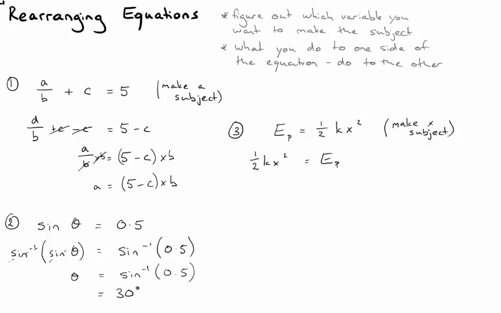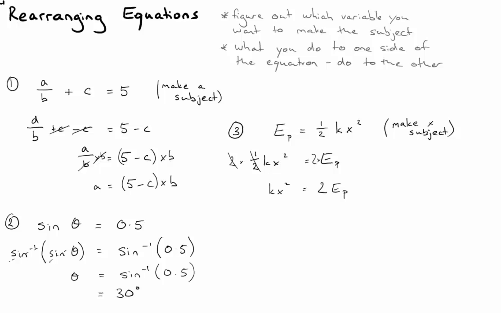Right, I'm trying to get the x on its own. So what I could do is try and get rid of this half, so I could multiply both sides of the equation by 2. That 2 would cancel with the half, and I'd be left with kx squared is 2Ep.